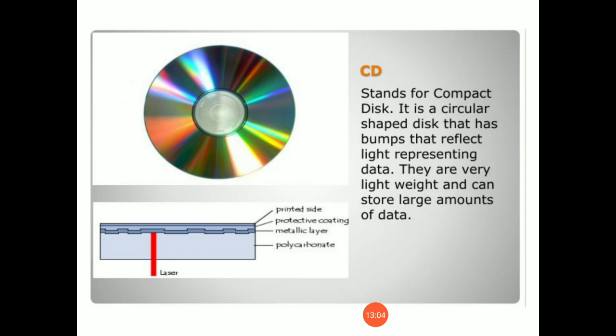CD stands for compact disc. You all might know this thing. So what happens here? A laser beam is used to write information to or read information from an optical disc. A laser is a highly focused, highly controlled beam of light, either visible or infrared, which is more commonly used in storage devices.